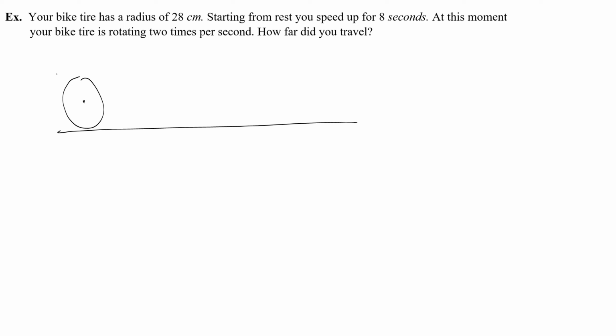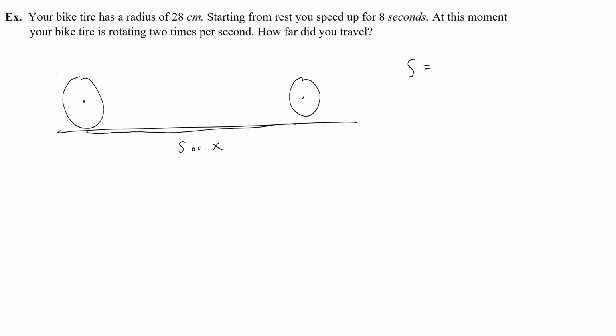And the bike tire is going to travel a linear distance forward, and basically that linear distance you can think of as the arc length, or x, because when you take that arc length and lay it out along the path, you'll get that straight line distance that you've traveled. So we want to find s, the arc length, because that's effectively our linear distance traveled.